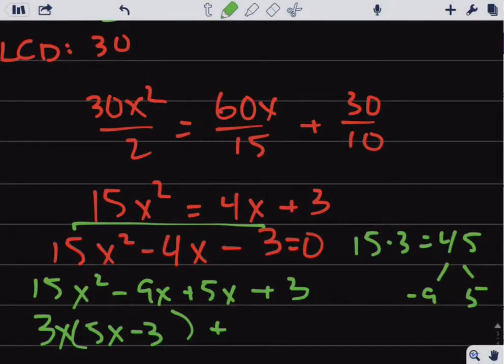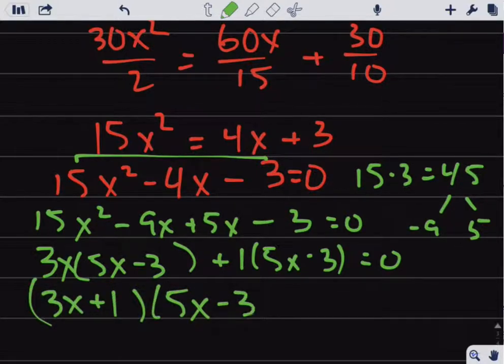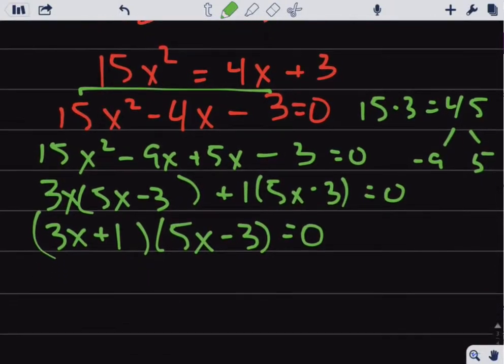Left off a few things there. So that makes this a minus 3. Okay, and so we end up with 1 times 5x minus 3. Remember, all this still equals 0. So we get 3x plus 1 times 5x minus 3 equals 0.